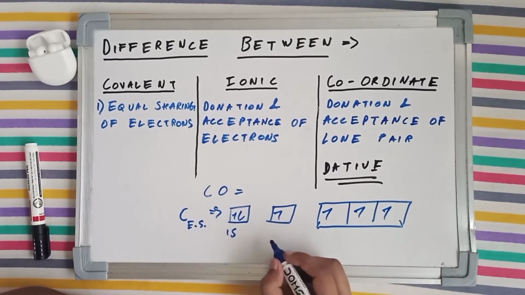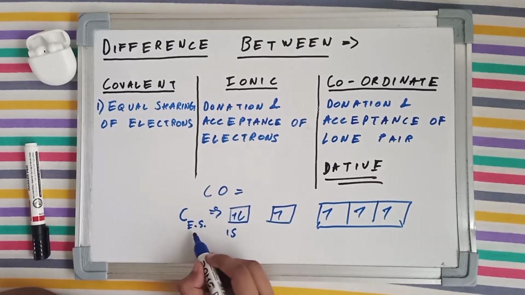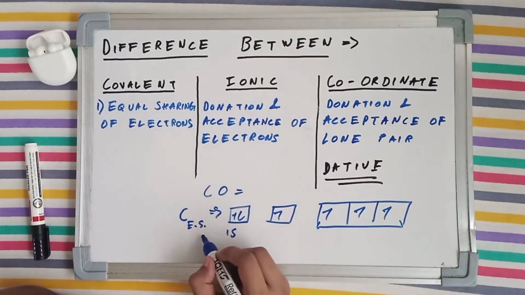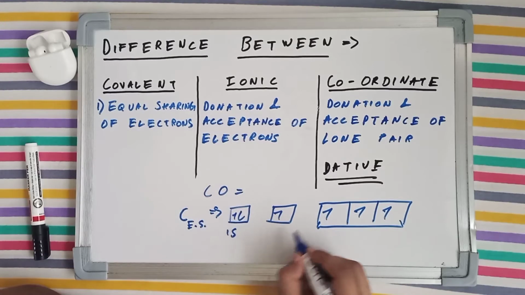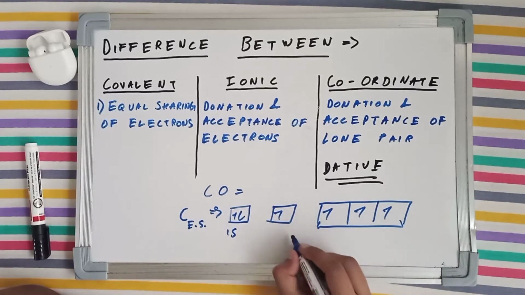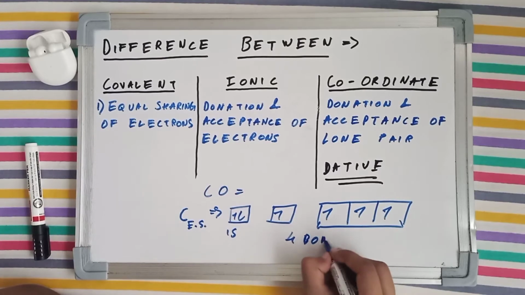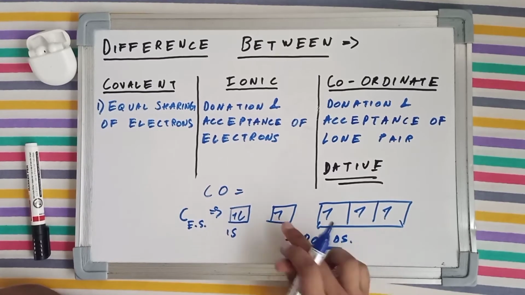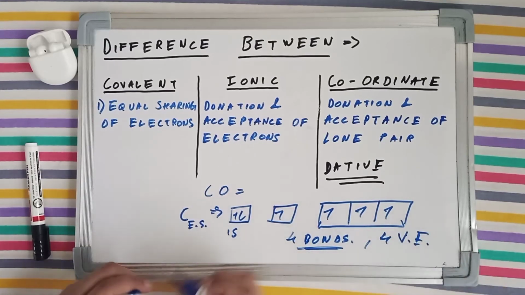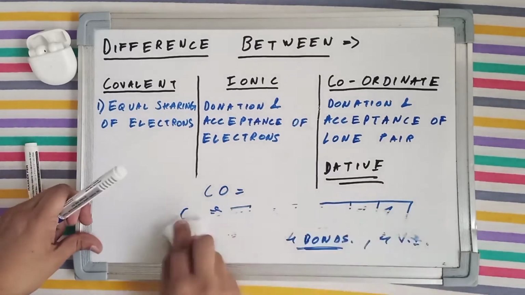In 2s and 2p they have single electrons in excited state. Let me remind you again, I've drawn this orbital diagram for carbon in excited state. So it has got 4 valence electrons, 4 unpaired electrons as well, so it will make 4 bonds. Okay, and it has 4 valence electrons, having 4 VE. Now let's talk about oxygen.